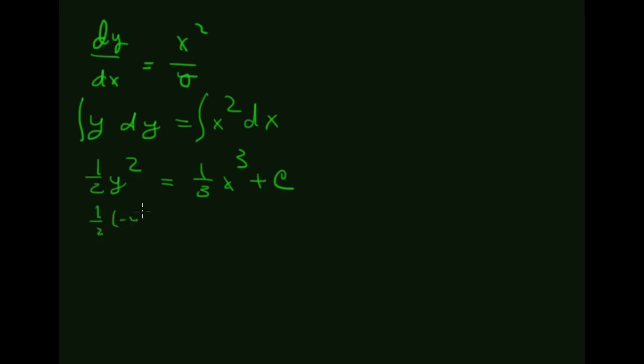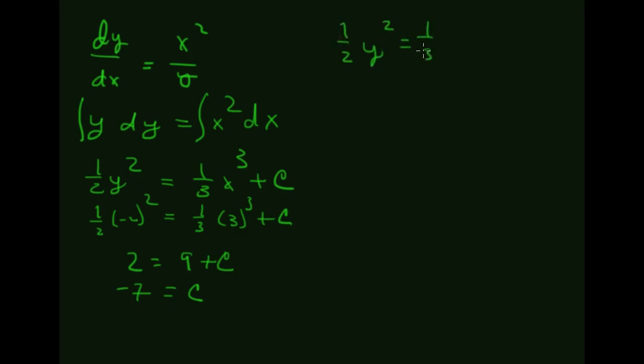So 1/2 times -2 squared is equal to 1/3 times 3 cubed plus the constant. So this is 2, and this is going to be 27/3, which is 9, which makes the constant -7.